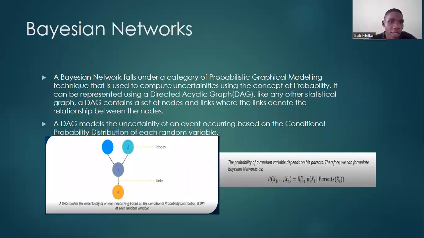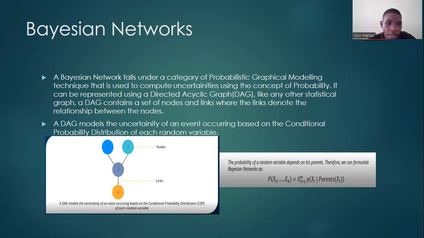So we come to Bayesian networks. Obviously, as we hear the word networks, this falls under a category of probabilistic graphical modeling technique that is used to compute uncertainties using the concept of probability. All of this is based on probability. It is represented using a directed acyclic graph, or a DAG.